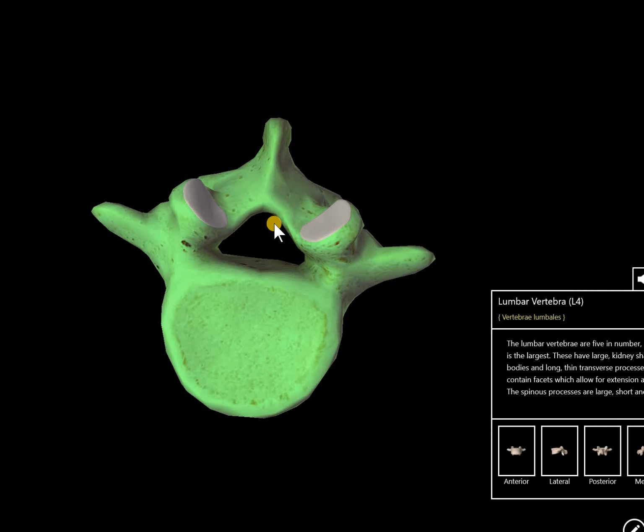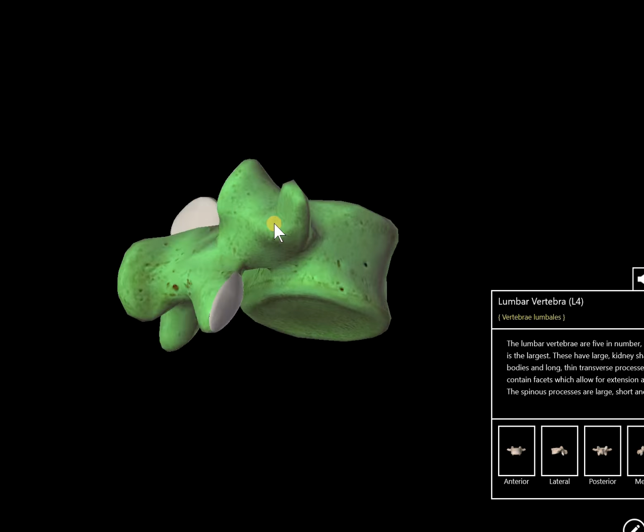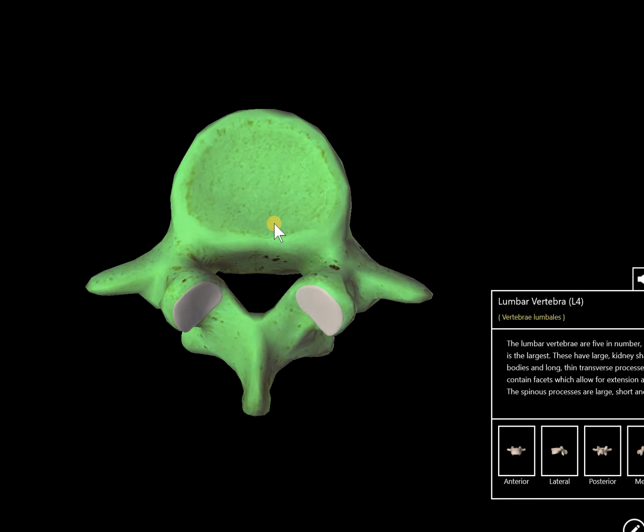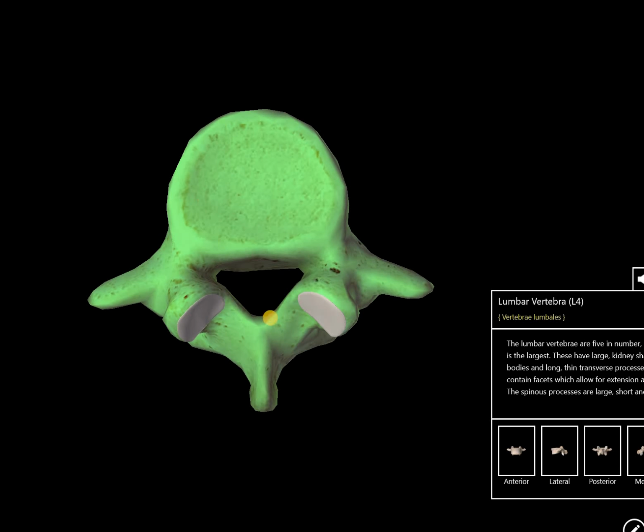All right, the lamina. The lamina is this part here. So this is the lamina on that side, and then there's the lamina on that side. The pedicle is here. The pedicle goes from the body to the lamina. Lamina, pedicle.